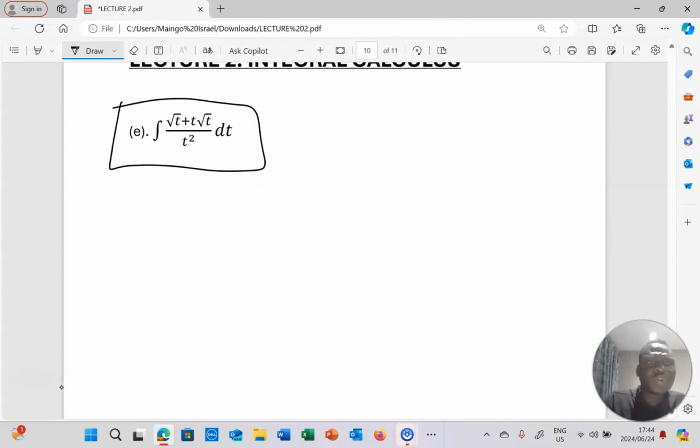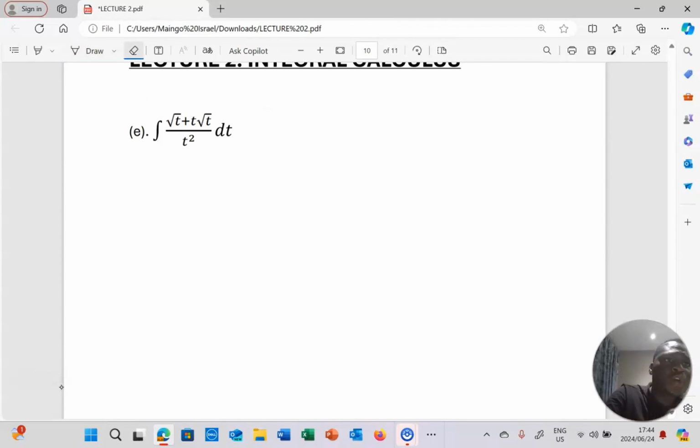Here we don't have any rule associated with this kind of problem, so what we have to do is simplify in order to do this problem perfectly.